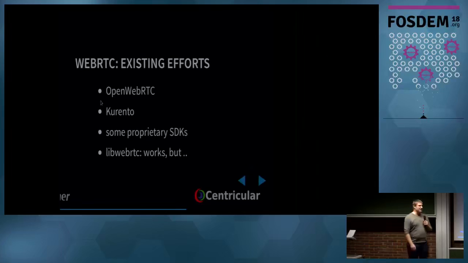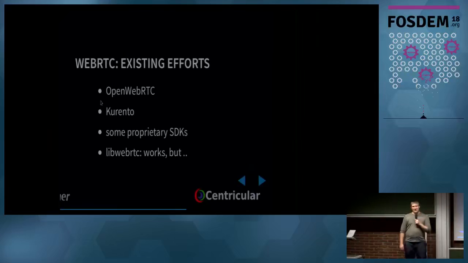It was just easier to do a new one. Kurento also has something about that, but it's more media server focused. It's a very rich framework. I don't know if that is much developed. It might just be picking up again. And there were some proprietary solutions, but we're open source guys, so we want our stuff open source, and we really want it in GStreamer.